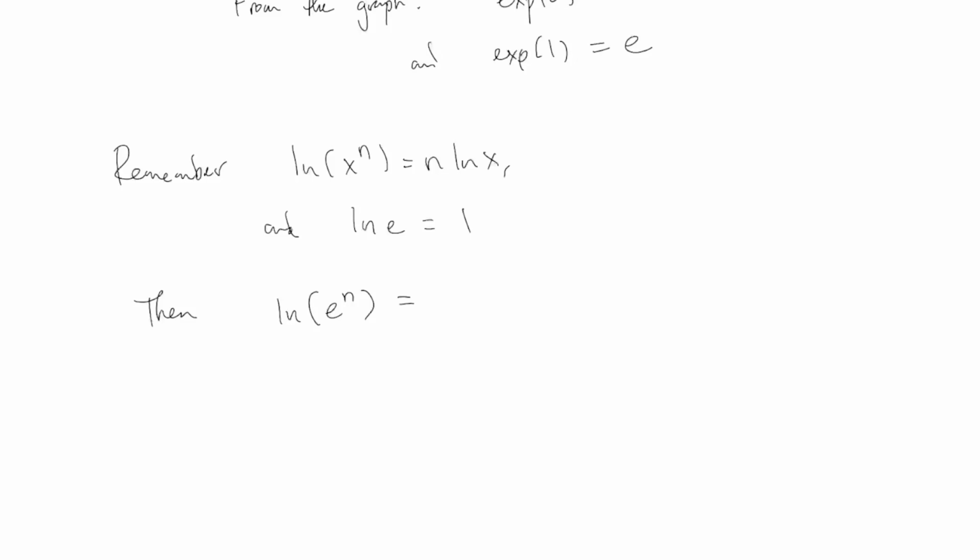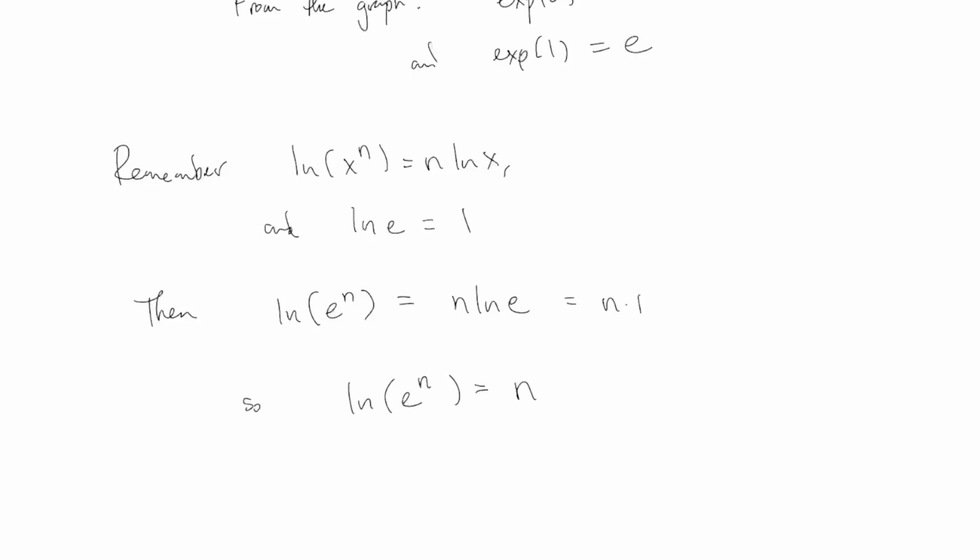Well, we can use the first rule and bring the n to the front. But then ln of e equals 1, so this is just n times 1, right? So ln of e to the n equals n, and this is true for any real number n.